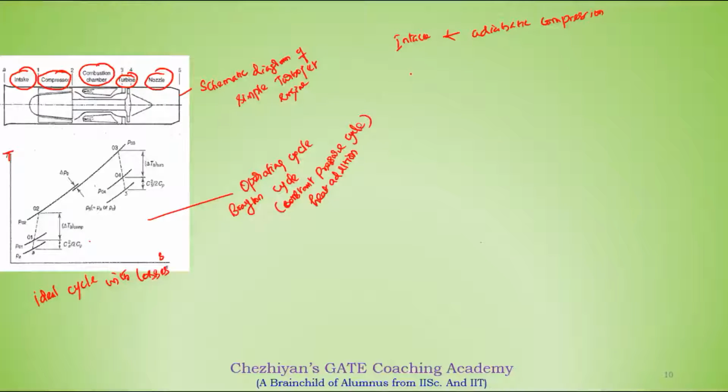But in the case of an ideal cycle, it's going to be an isentropic compression.